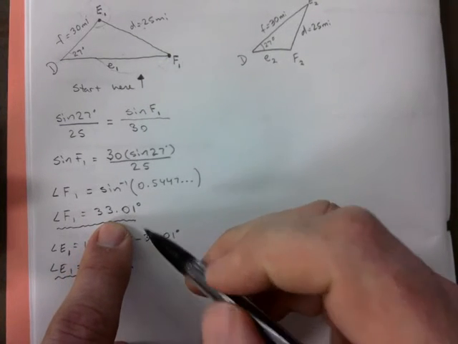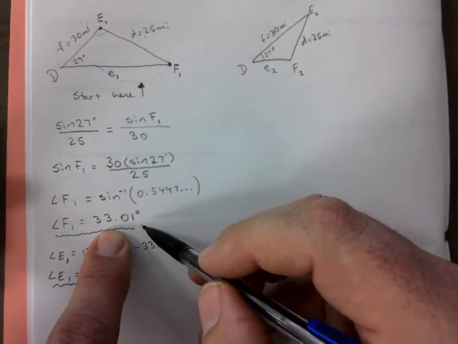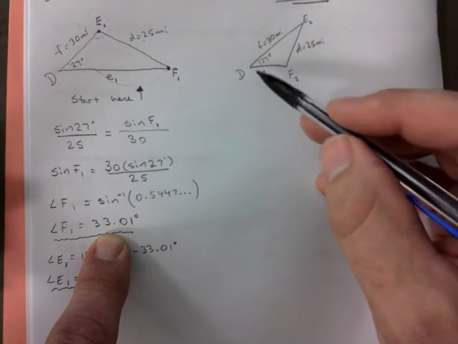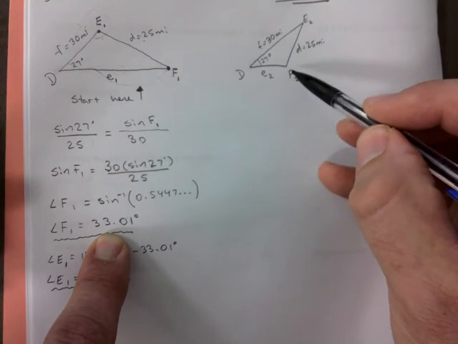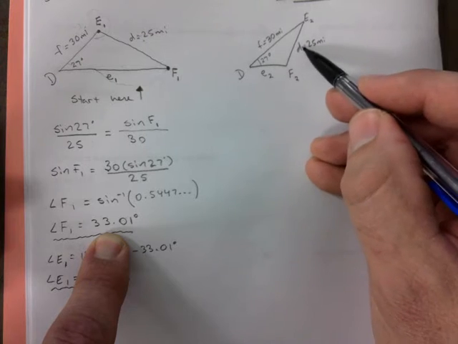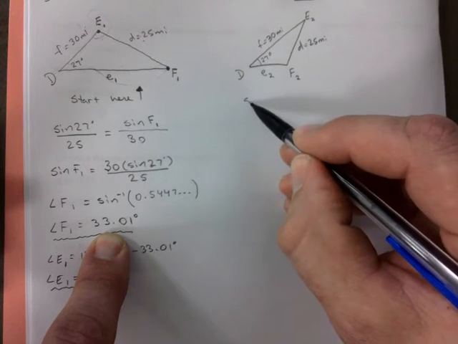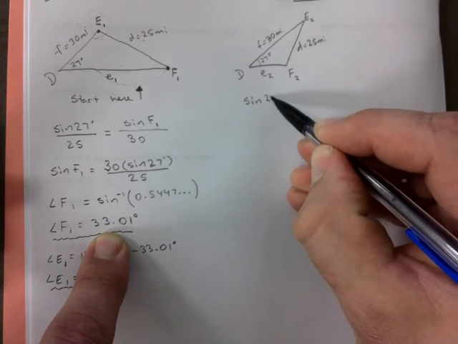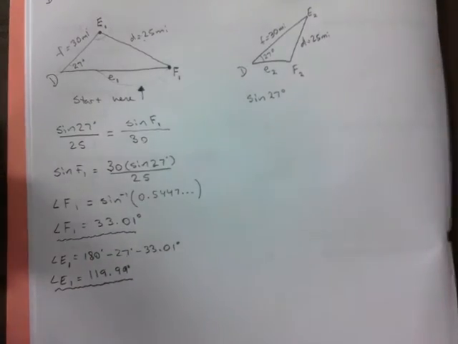Here's something interesting. Let's look at this triangle right here. If you were to start and solve this, sine of 27. So come with me over to the second triangle here.